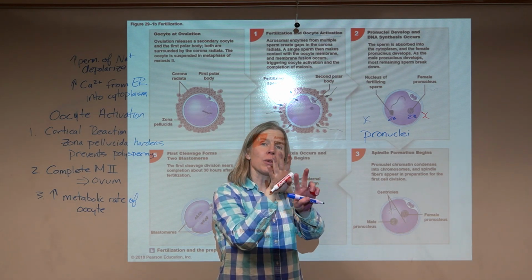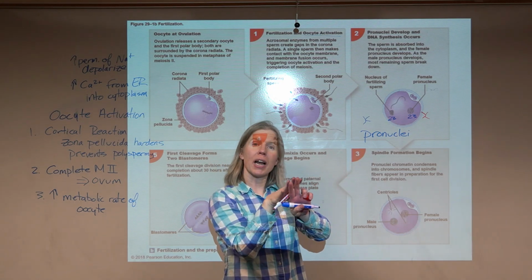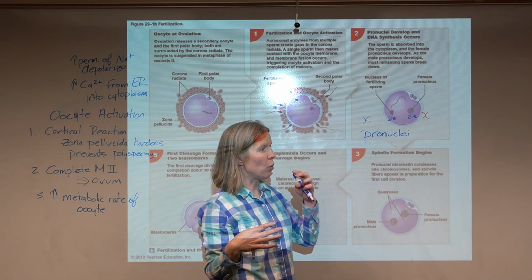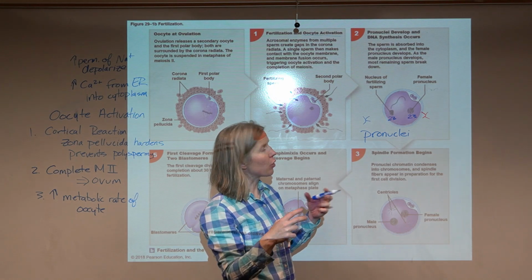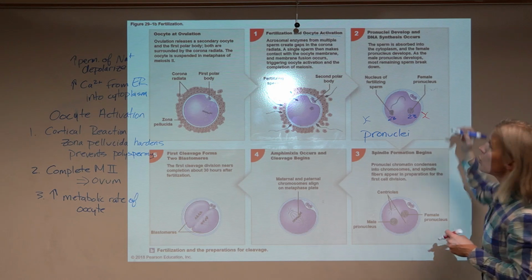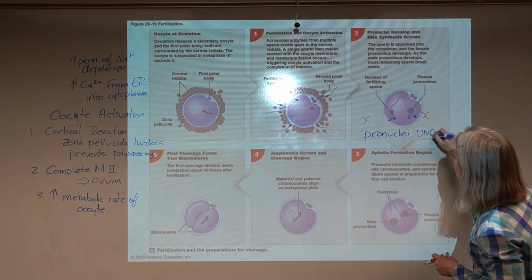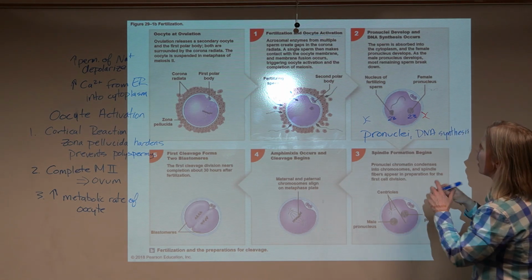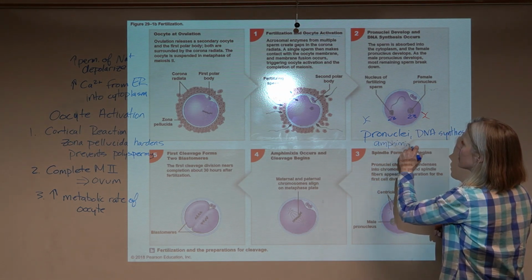And then we're going to get what's called amphimixis. These two pronuclei come together, and just like we would expect, the chromosomes get close to each other. So you have pronuclei development, you have DNA synthesis, and you have what they call amphimixis, right?